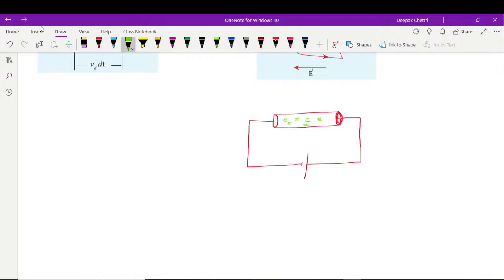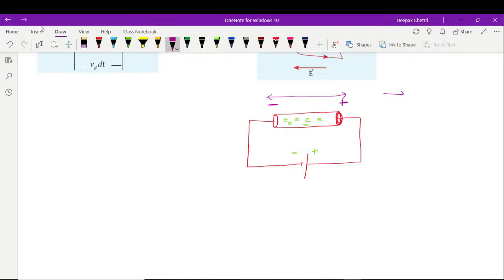So this is your positive, this is your negative. This positive will appear here and this negative will appear here. So these electrons are subjected to these potentials. This negative will push the electron towards the positive. So this is the potential difference that is created by a battery.